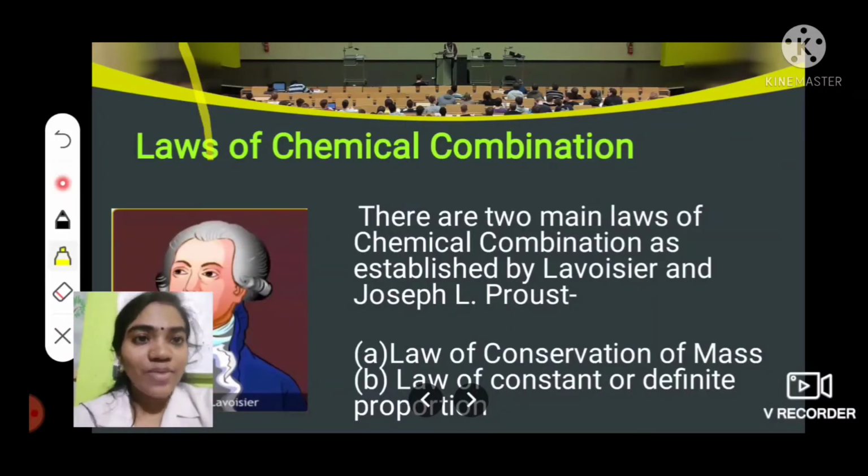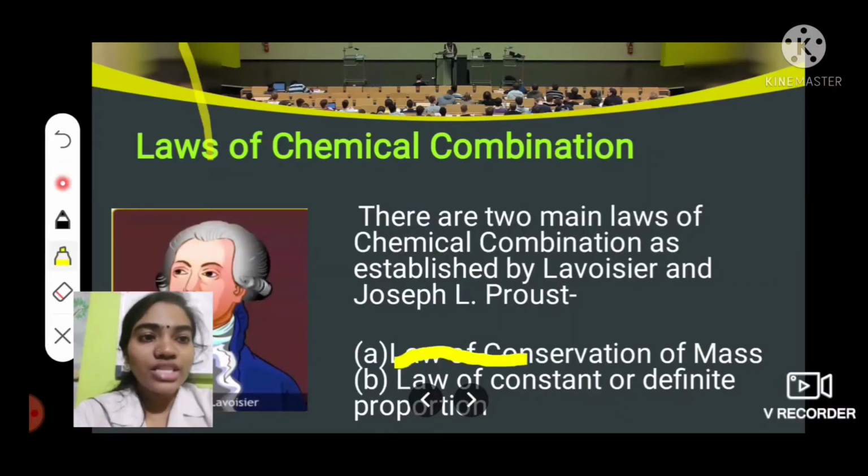The laws of chemical combination confirm the idea that matter is made up of tiny particles. There are mainly two laws of chemical combination, that is, the law of conservation of mass and the law of constant or definite proportion.